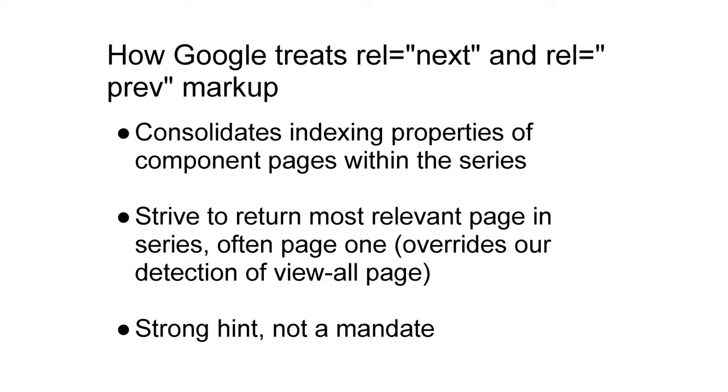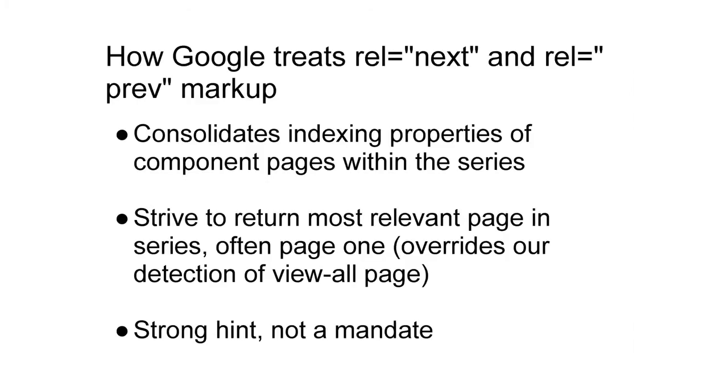Most likely, this will be page 1, because commonly that's the most relevant page. So now if you have, say, that product category selling shapes, if you use the rel next and rel prev markup, it'll tell us that these 2 pages belong to one series, and then most commonly we'll send users to page 1. Know that rel next and rel prev is a strong hint. It's not a mandate by any means.